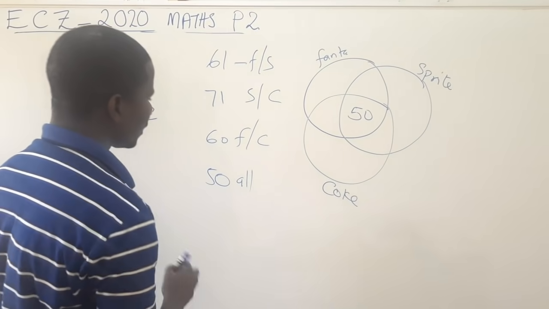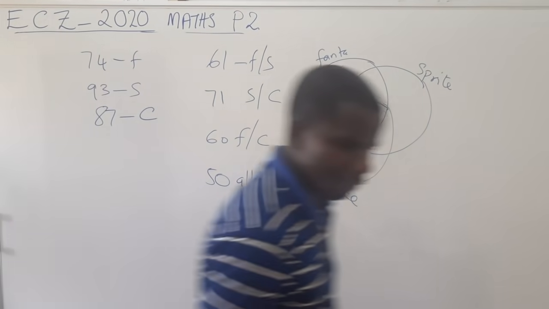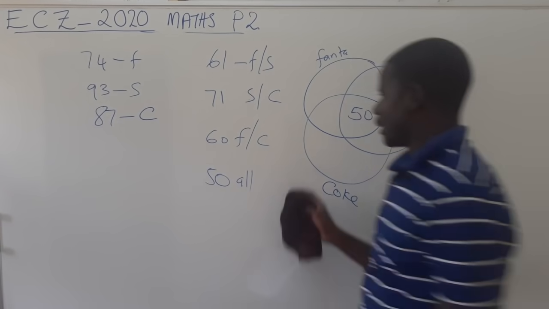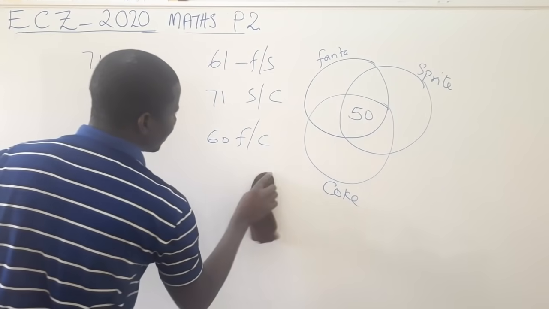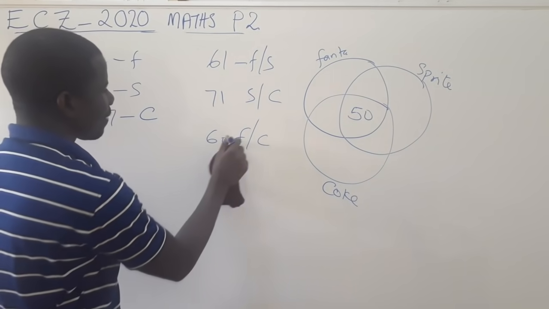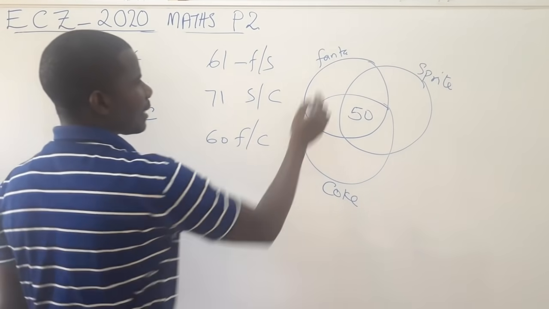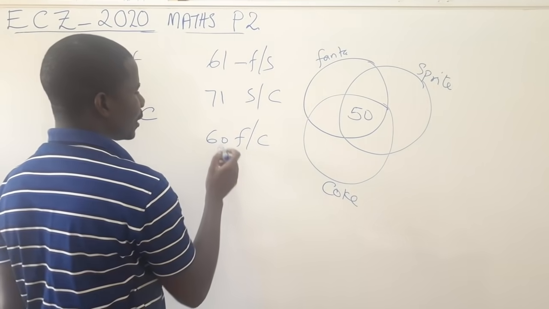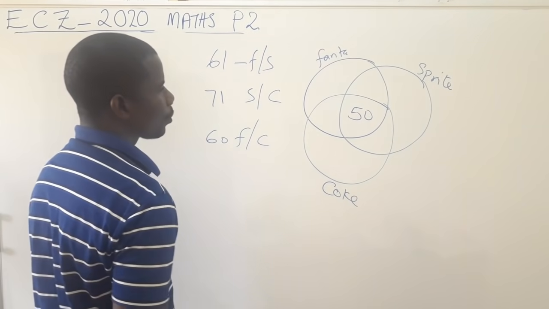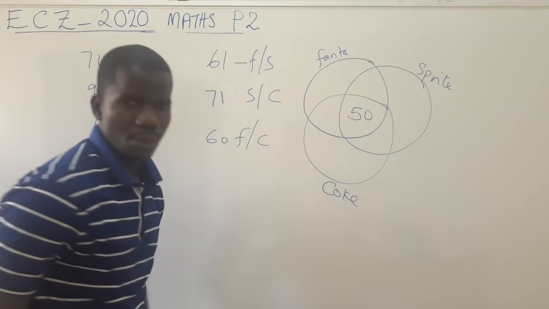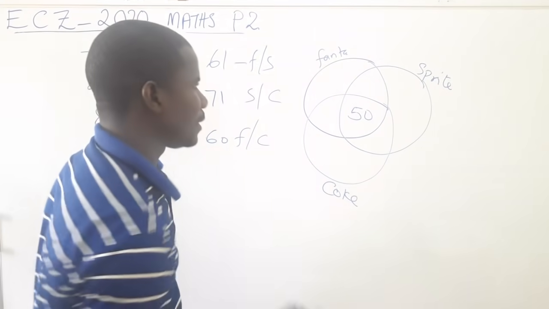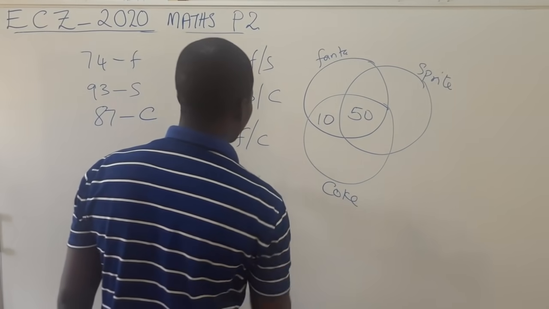Those that took the 3 of them were 50. So 50 is done. Then we go to Fanta and Coke. How many were there? They were 60. The intersection of Fanta and Coke, we already have 50. So the remaining 10, we put it here.